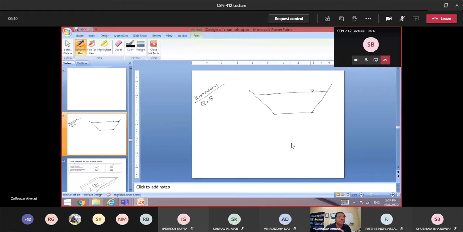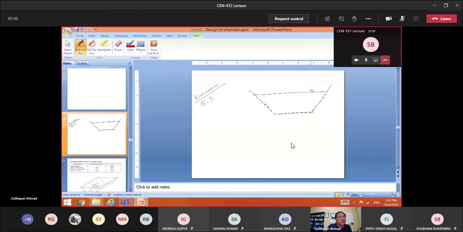The second thing here is, because this is not a rigid channel, this is an alluvial channel, it means that you have sediment particles. This channel consists of sediment particles. So you have sediment on the bed and you have sediment on the sides.